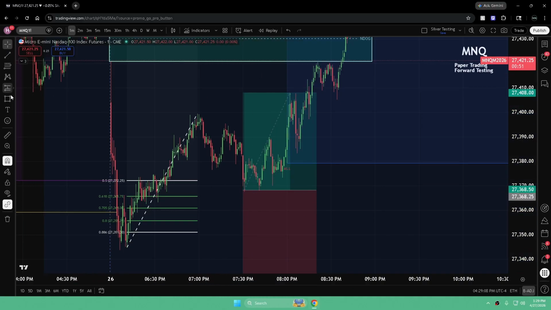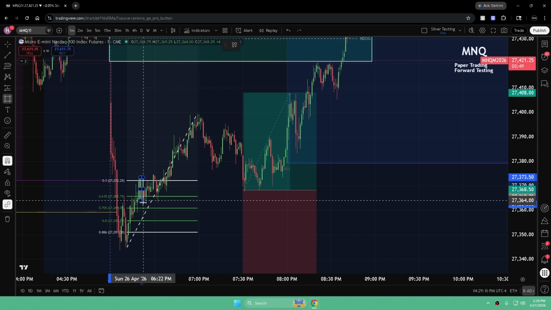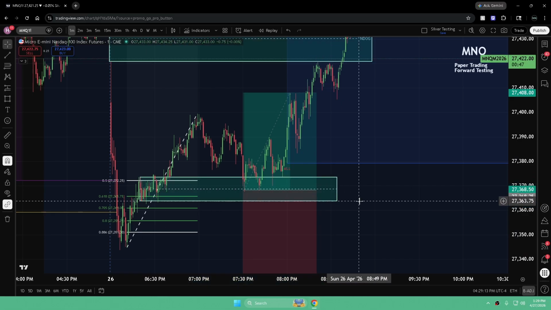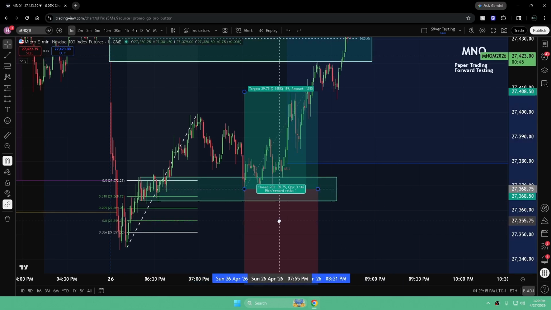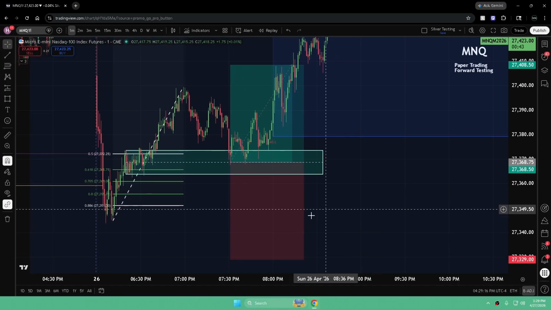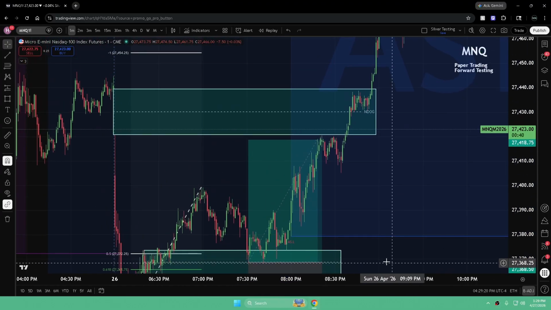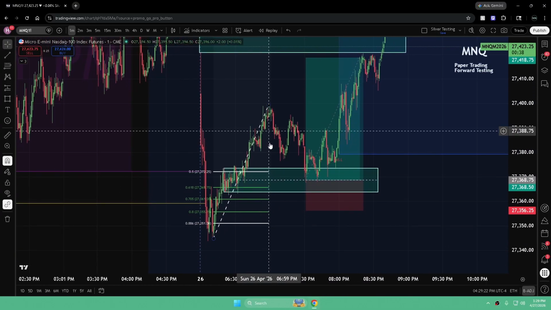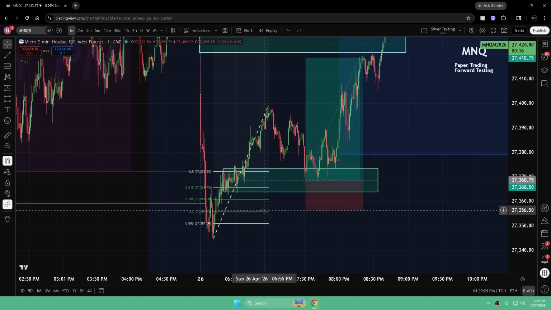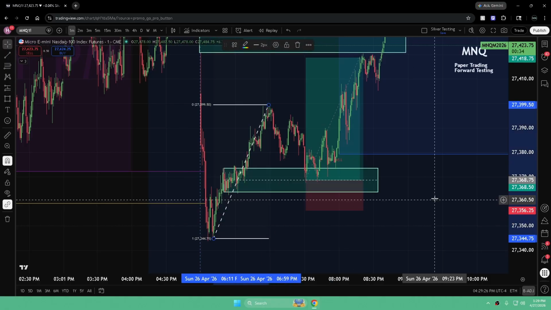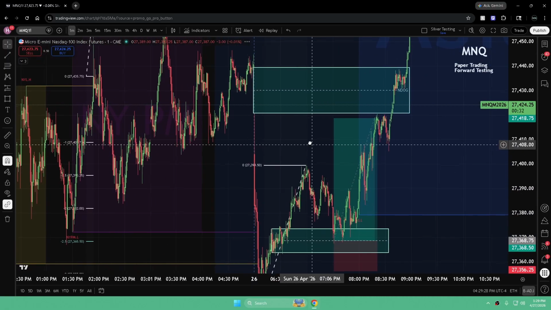So let's say we got into this trade off this order block touching consequent encroachment. Boom, right there. And you take it 1 to 4. Or you change this leg into our projections.